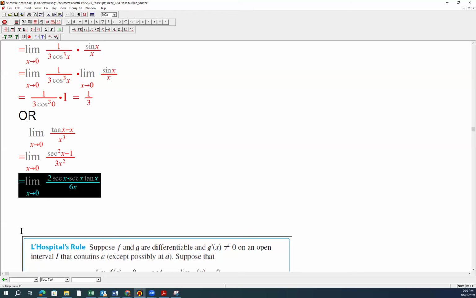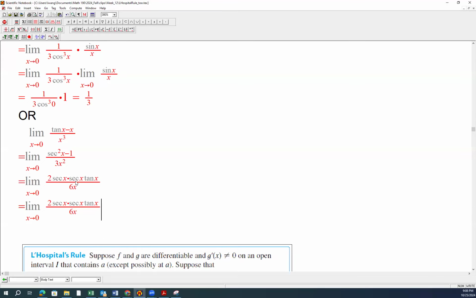And what are we getting? Let me reorganize this term. So this is secant squared. The 2, I'm going to reduce it with the 6. So basically, I'm going to take a derivative. So this is 3x.